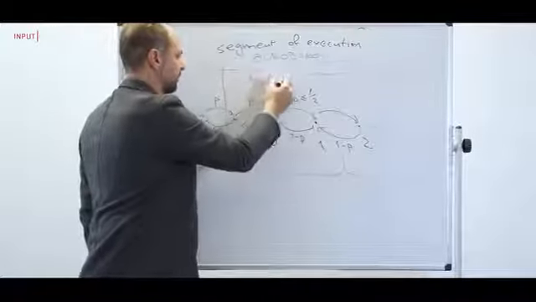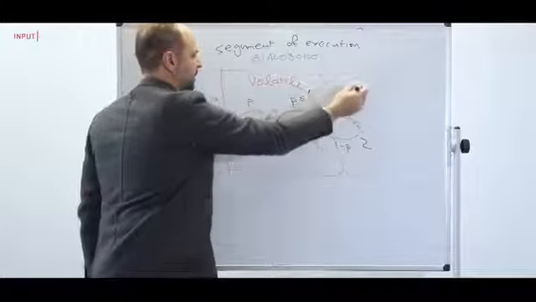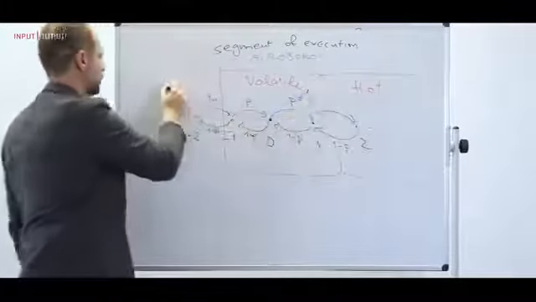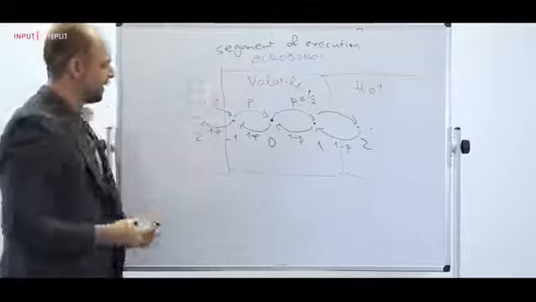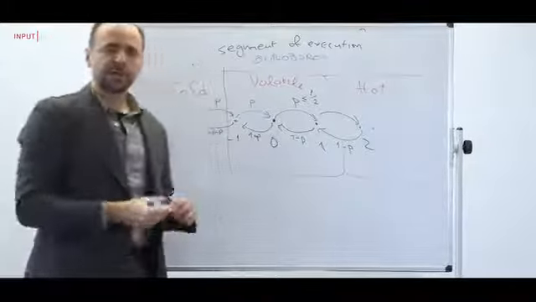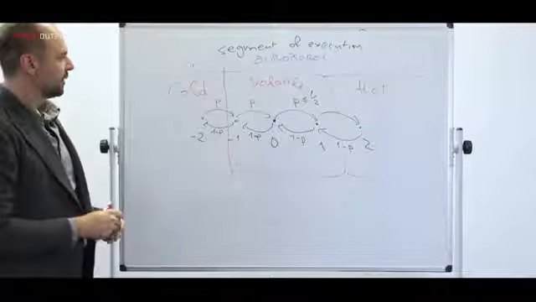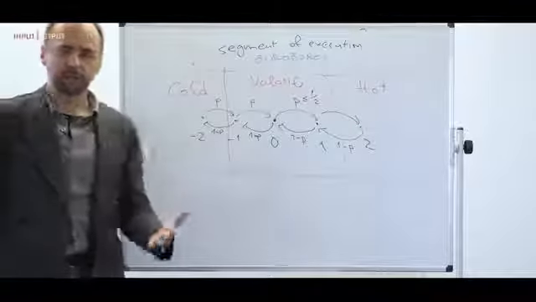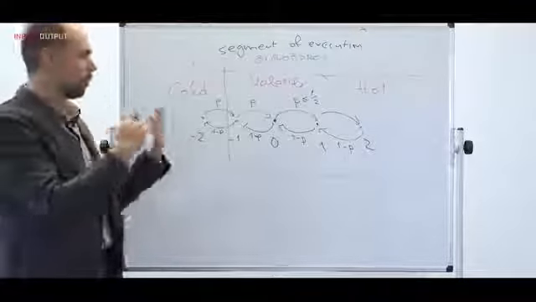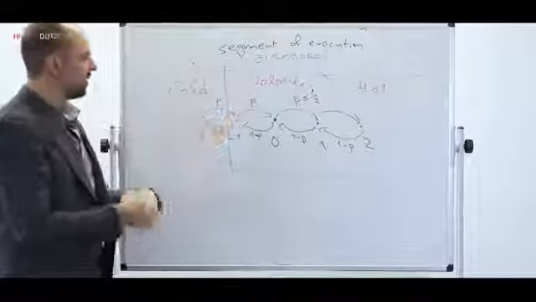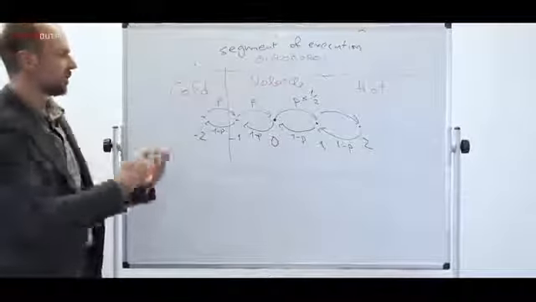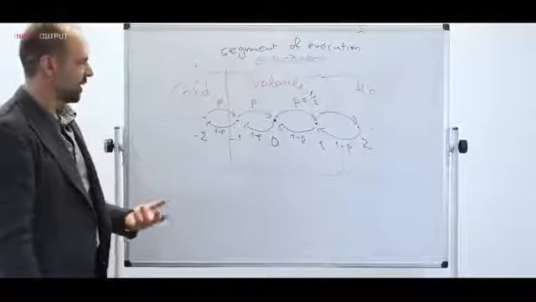Let's call the middle volatile, this one hot, and this one cold. Then you're going to take a number of steps, and after you take a number of steps, we will examine what region you are in. Then you're going to take a few more steps, and we're going to examine again the region we are in.